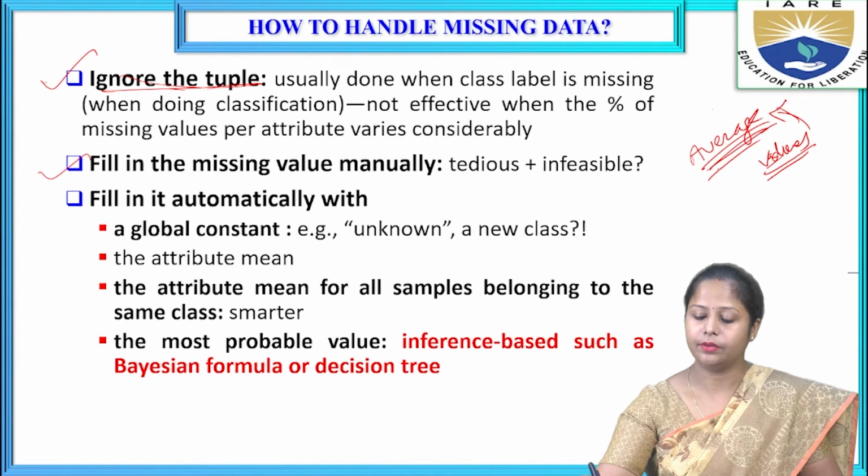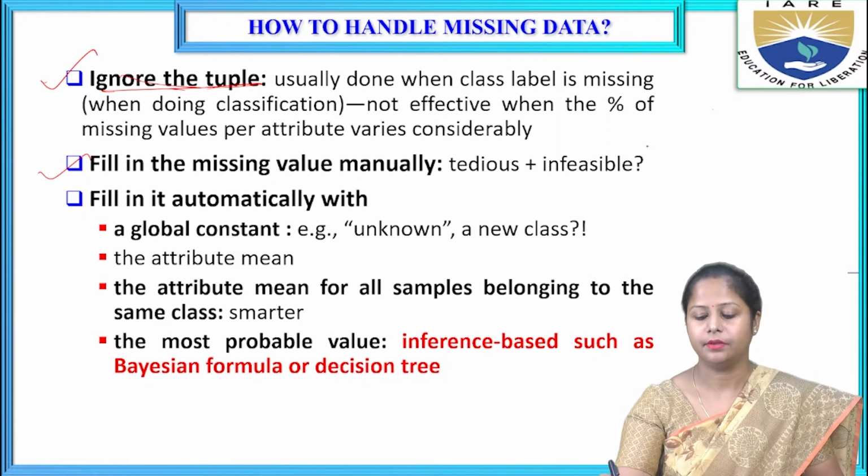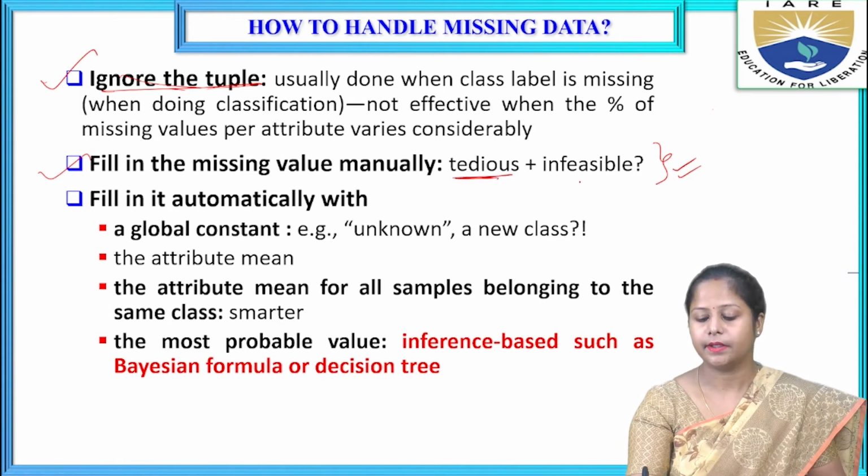Second, what will we do? There are some other methods also. I'll tell in brief. We fill the missing values with some values for the sake of data cleaning. So is this tedious or infeasible?